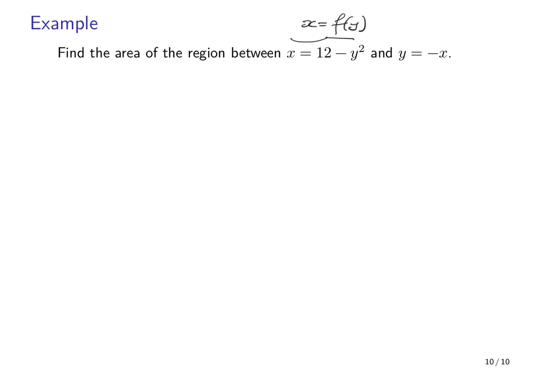Now, this kind of curve will also give you a parabola, but it will be a parabola that faces towards the left. We talked about that early on. You can have a parabola that faces up. This is if you have y is equal to x squared plus or minus some stuff.